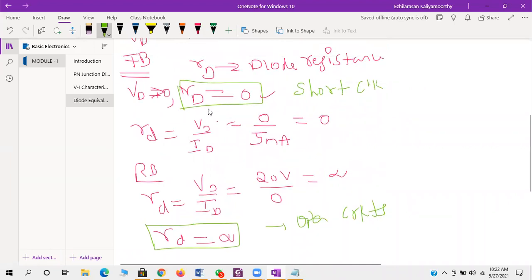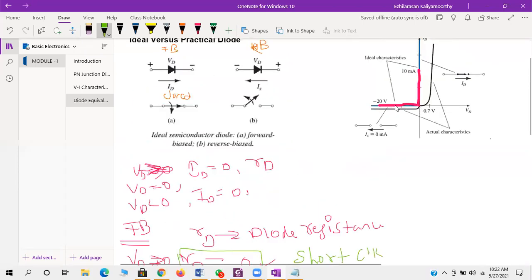So two relations: RD is equal to 0 and RD is equal to infinity in the open circuit equivalent, because the current is 0 milliampere anywhere on the horizontal line. See here, it's going to infinity. This is for reverse. This is for forward, because in the forward we have some small current when VD is equal to 0. This is for the ideal case.